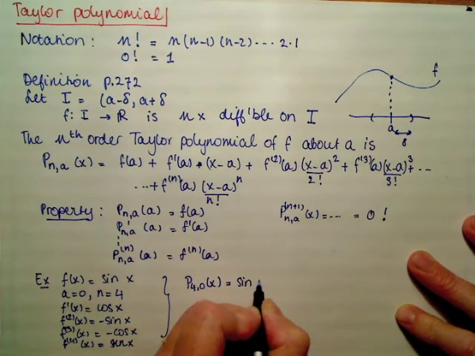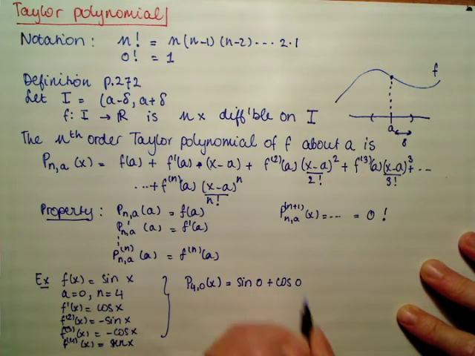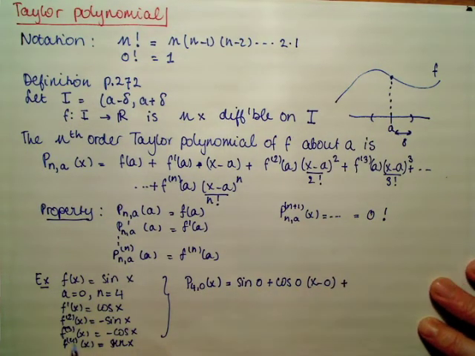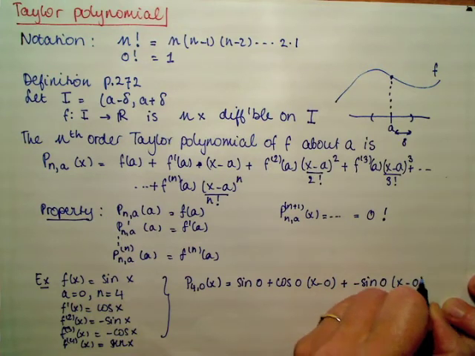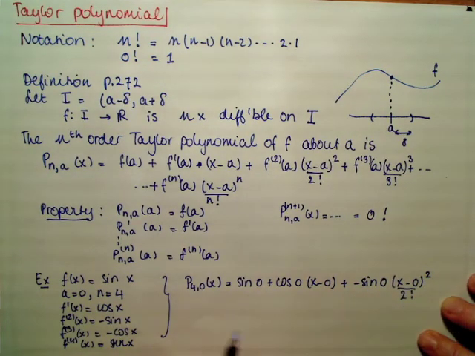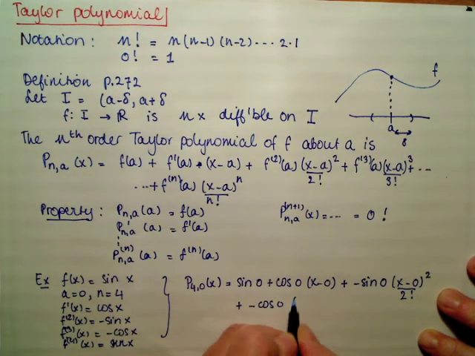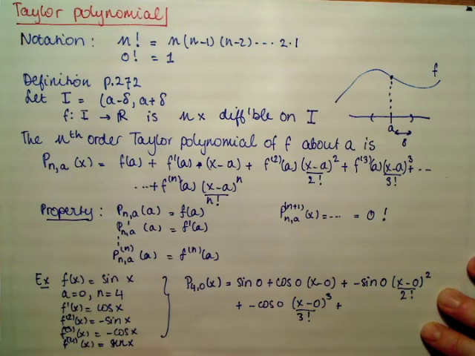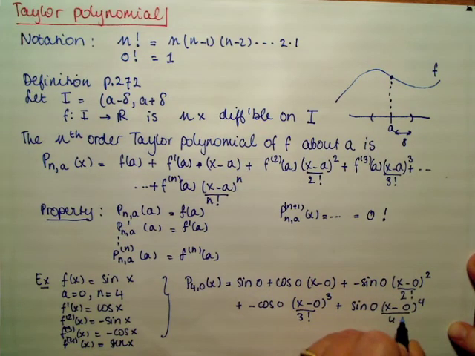It is the function value at point 0 plus the first derivative cosine of 0 evaluated at base point 0 multiplied by the difference between x and our base point 0, plus the second derivative, which is minus sine evaluated at the base point 0, multiplied by the difference of x and 0 squared divided by 2, plus the third derivative of our function evaluated at point 0, which is minus cosine of 0, multiplied by the difference of x and 0 to the power 3 divided by 3 factorial, plus the fourth order derivative evaluated at our base point a equals 0 multiplied by the difference between x and a to the power 4 divided by 4 factorial.